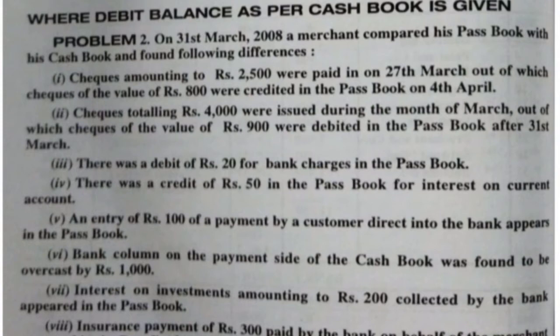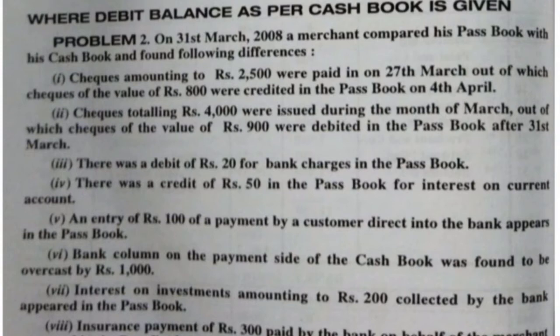So fifth one, an entry of rupees 100 of a payment by a customer direct into the bank appears in the passbook. Means Bunty's customer is directly coming and making the payment into the bank account of Bunty, and Bunty is aware of the transaction, but the passbook balance is getting increased by rupees 100, or not?